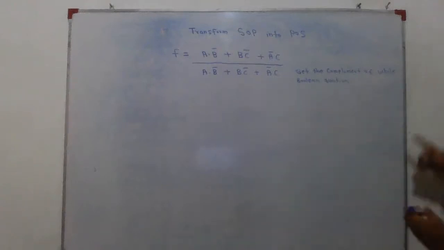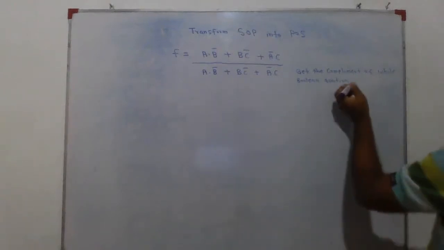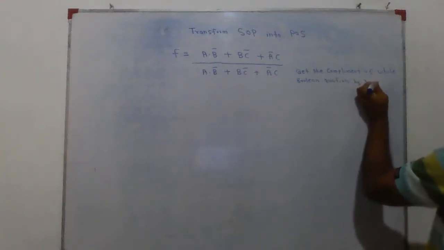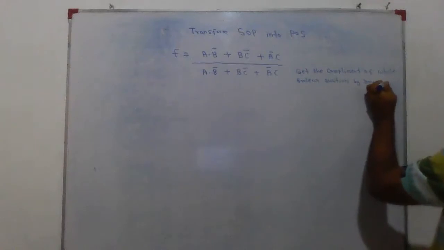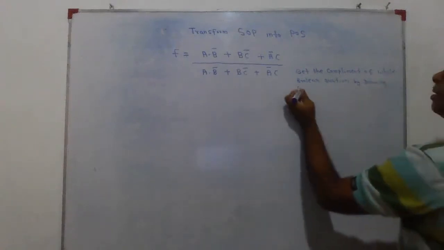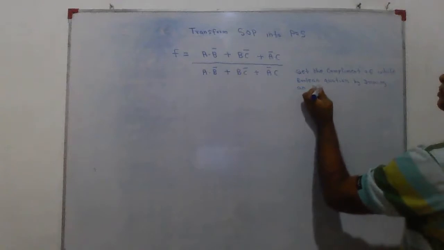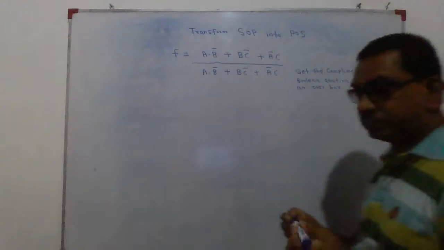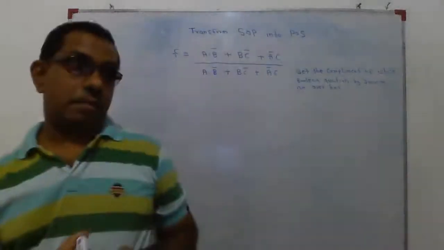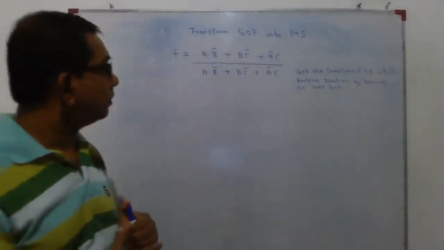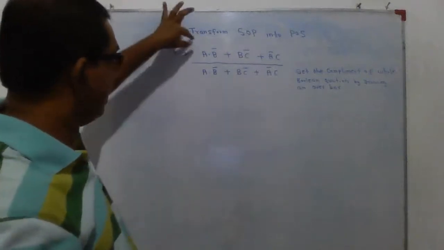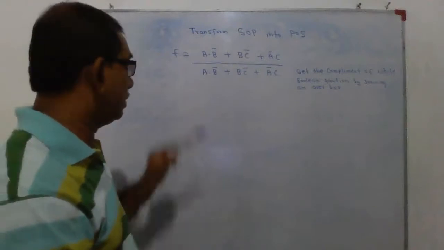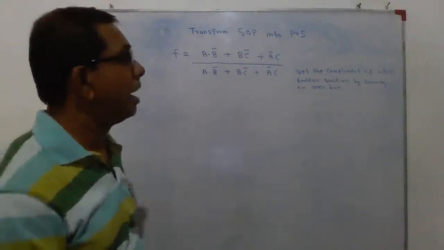Get the complement of the whole Boolean equation by drawing an over bar. This is the first step. We want to get the complement of the entire statement. So it is easy actually. You are going to draw an over bar.